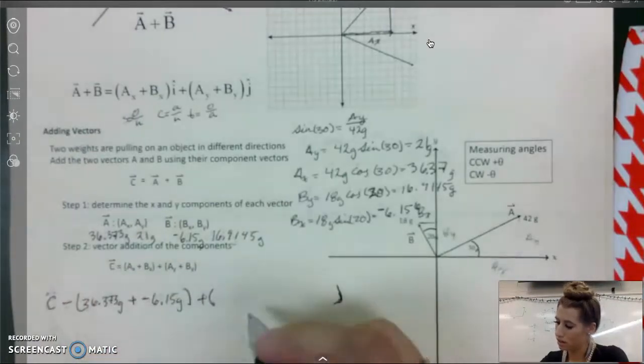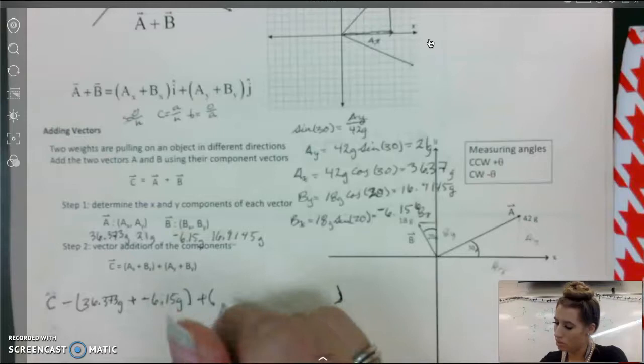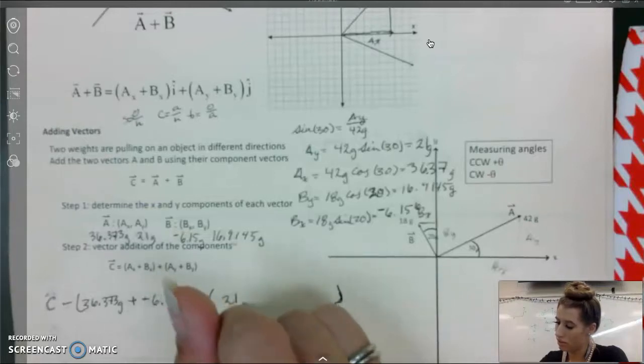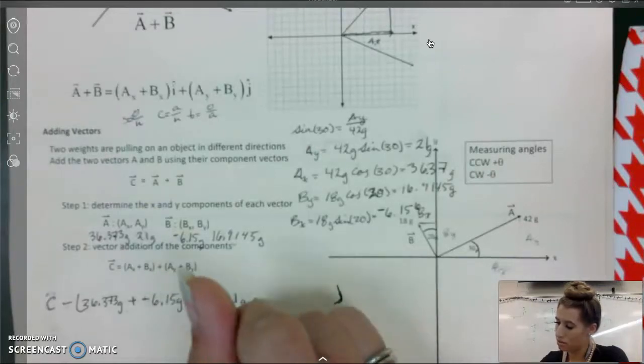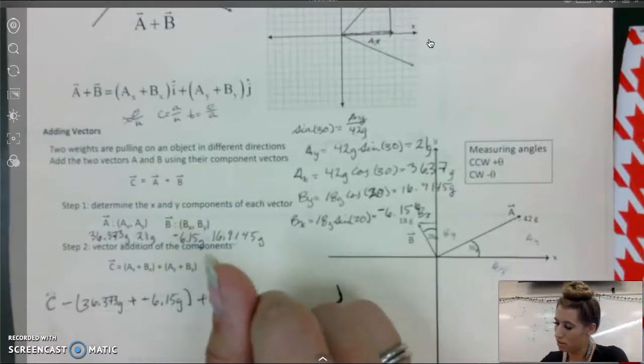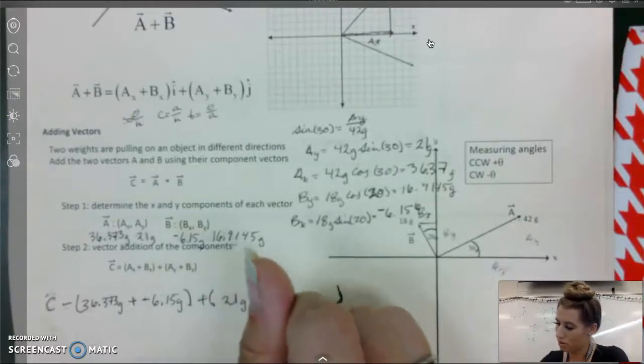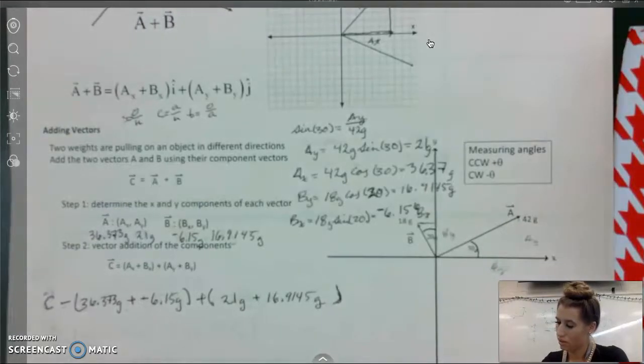And then we're going to take A sub y, which is 21 grams, plus B sub y, which is 16.9145 grams.